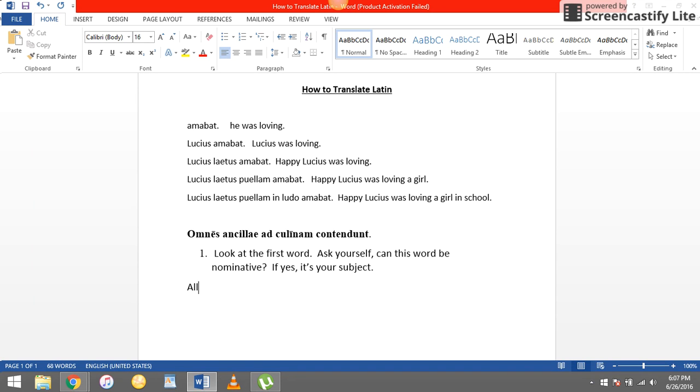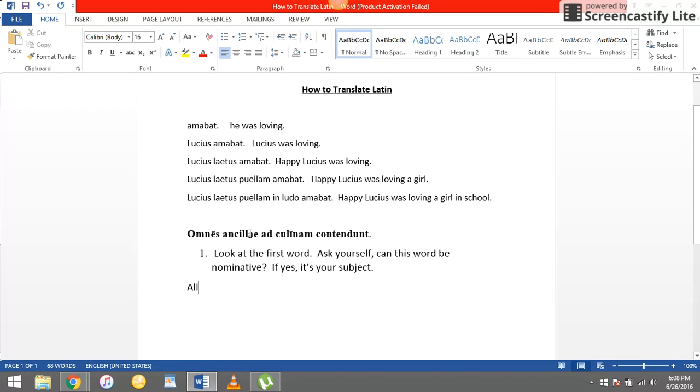Now look at your second word, ancillae. Okay, omnes is what kind of word? Is it a noun? Is it a verb? Is it an adjective? It's an adjective. What do adjectives do? They modify nouns. So chances are, if you have a nominative adjective, you're going to have a nominative noun right beside it. But let's check and make sure.